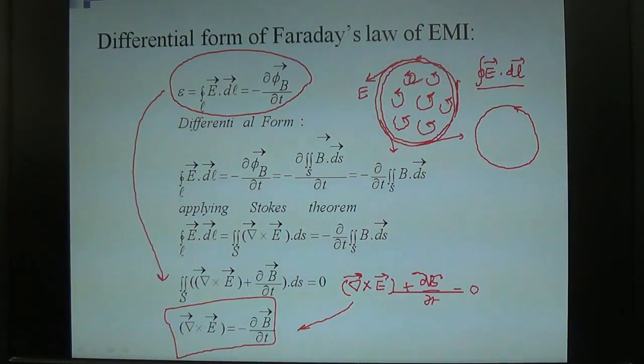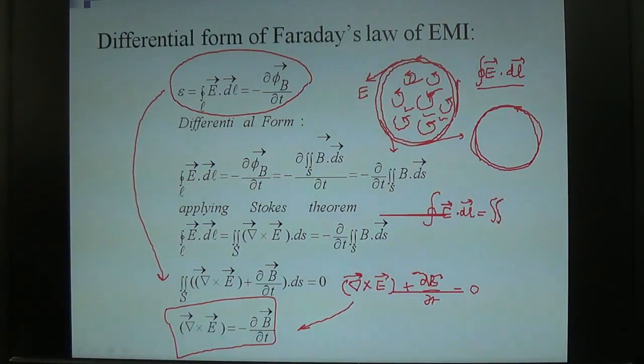The sum of these small curls, if you add them, is basically equivalent to this one, right. So this is the meaning of E dot dl, and you are writing here that E dot dl is equal to the open surface integral of the curl of E.